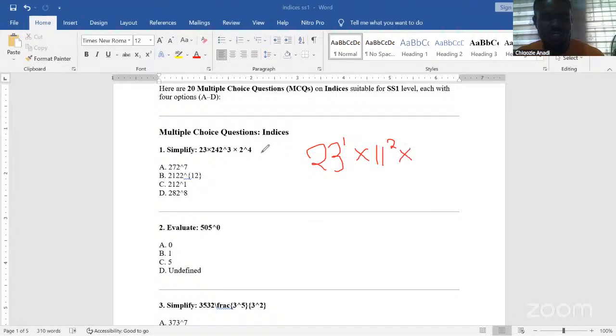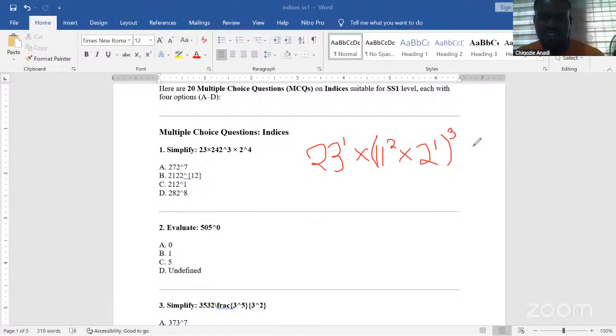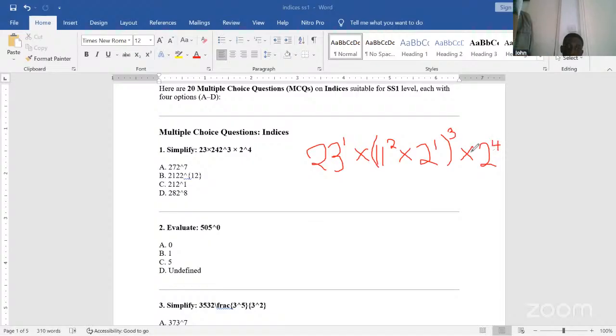Times 2 raised to the power of what? 1, right? Yes. And all these are in brackets raised to the power of 3, times 2 raised to the power of what? 4. Very good.